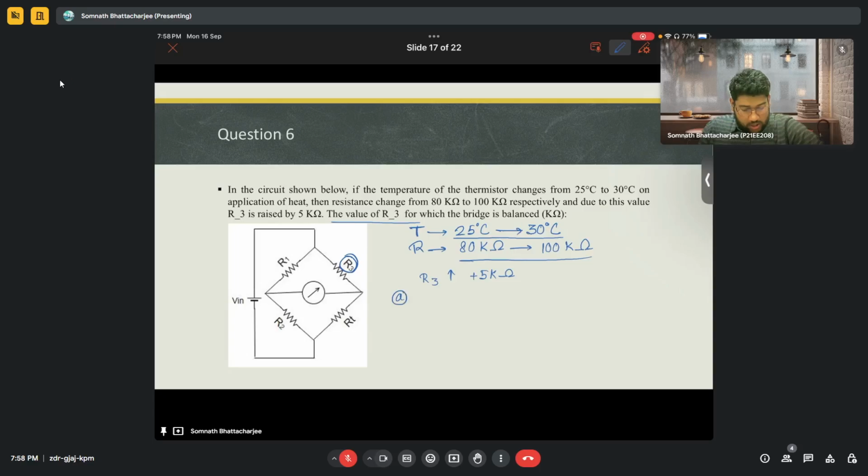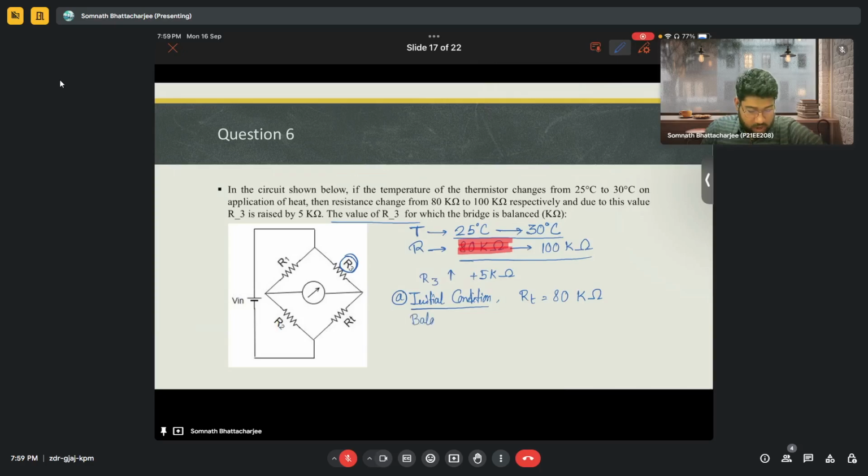At the initial condition, what was the value of RT? The value of RT was 80 kilo ohms, as given directly in the question.